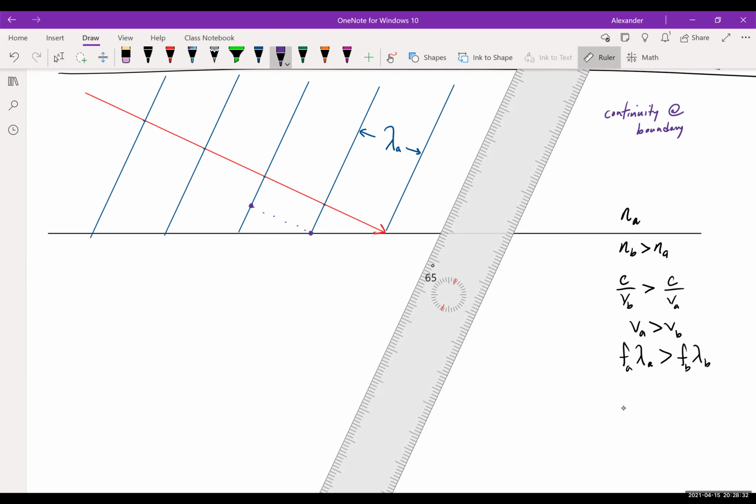What that means is that the frequencies have to be the same. So I don't need those subscripts. Now, that means that these points along the boundary still need to be a wavefront apart.